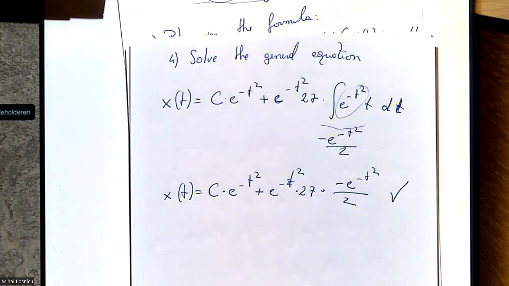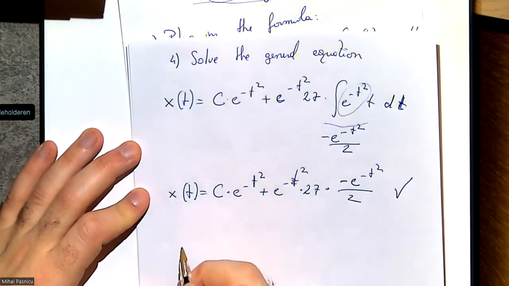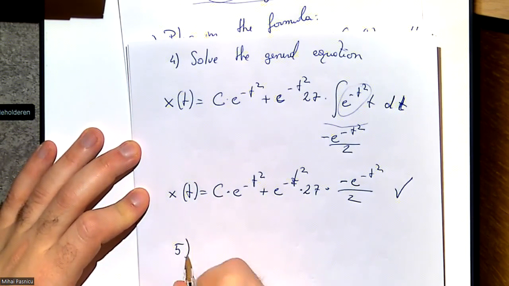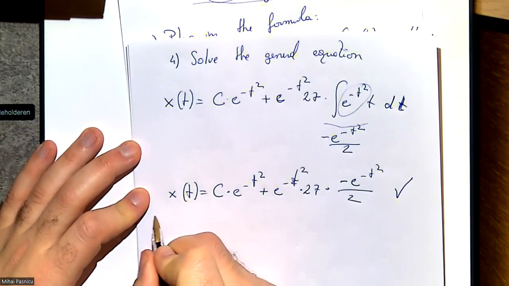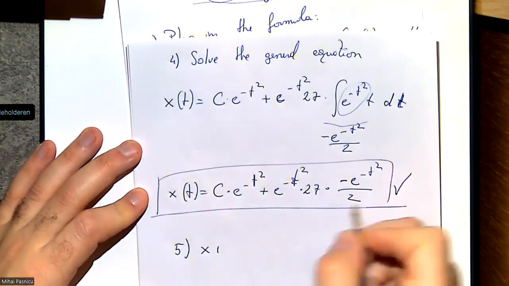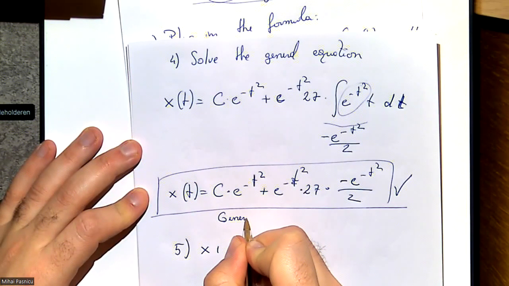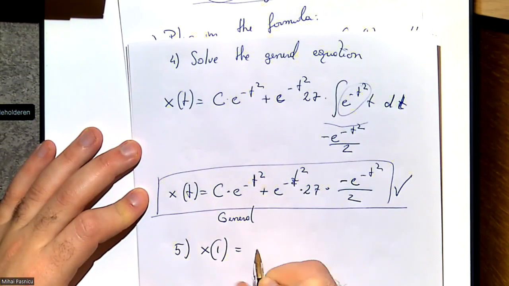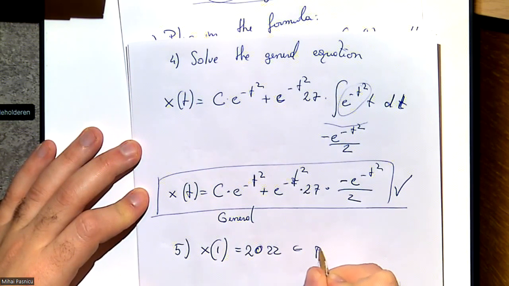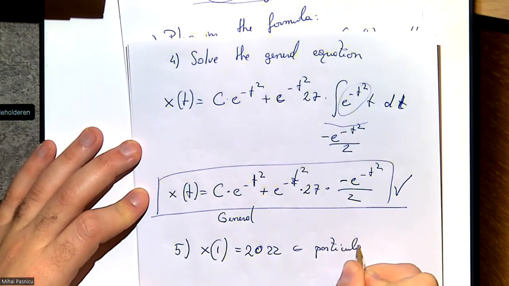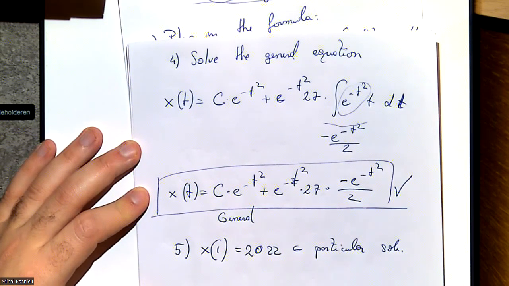Okay. Now, last step is x. So this is the general solution. Again, general. When they're asking for x of 1 is equal to 2022, they're asking for a particular solution. How do you do that?